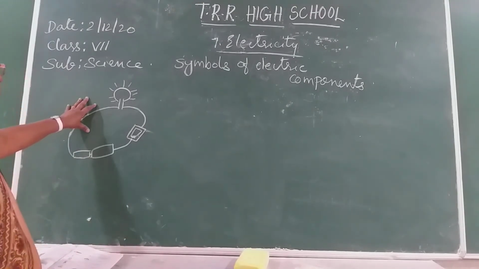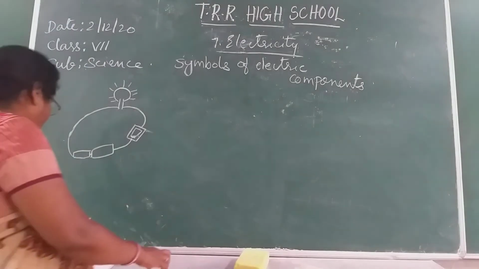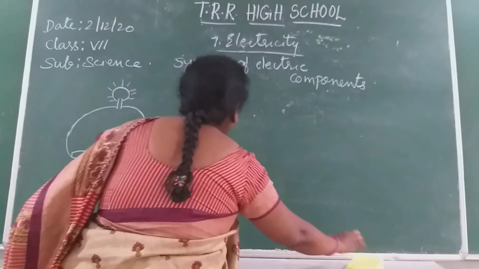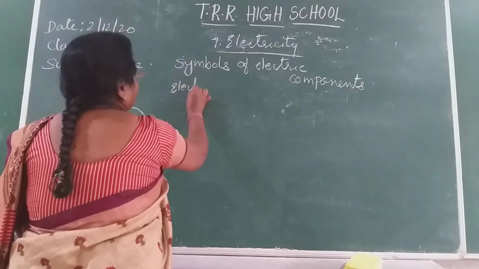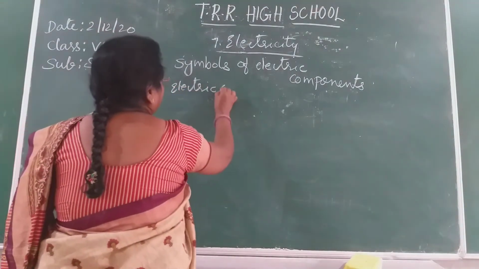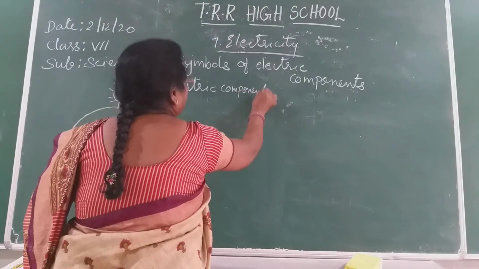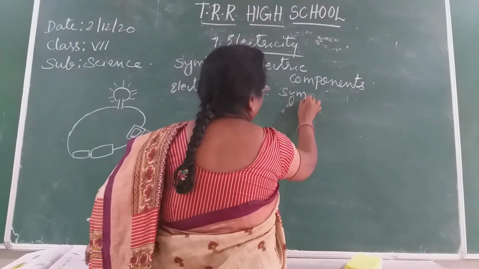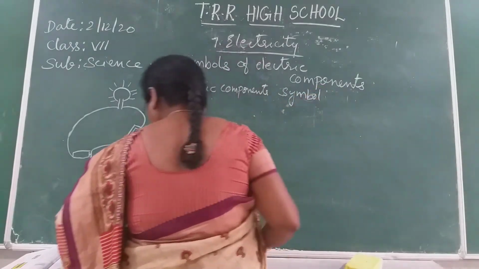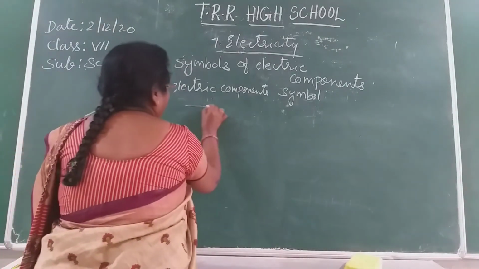Now how will you represent this in the form of symbols? Here we know the symbols for electric components. First, the cell.